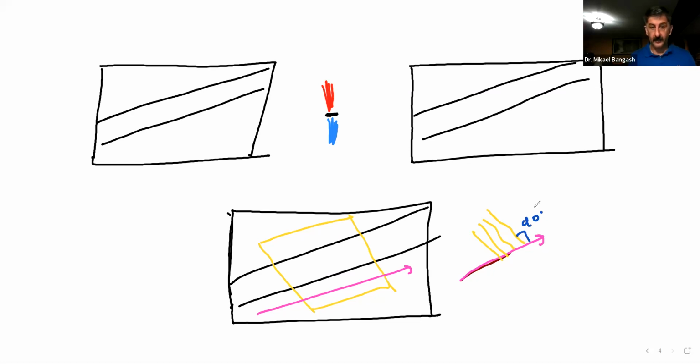And that's why this is still going to show you a 0 Doppler shift.